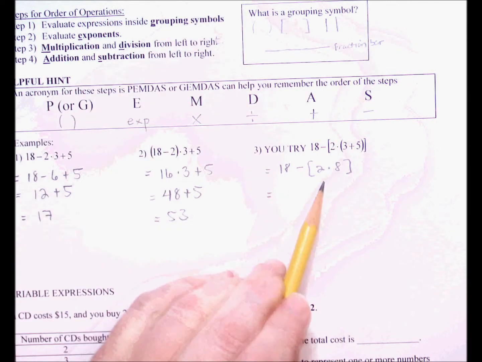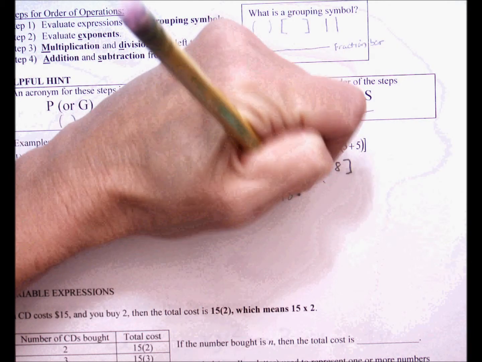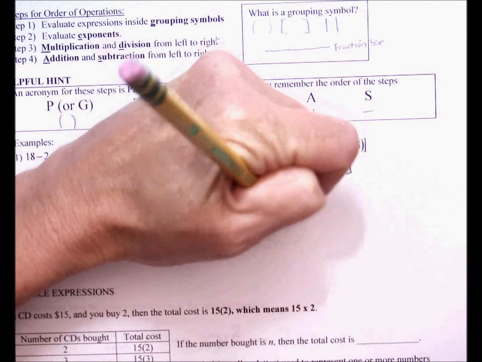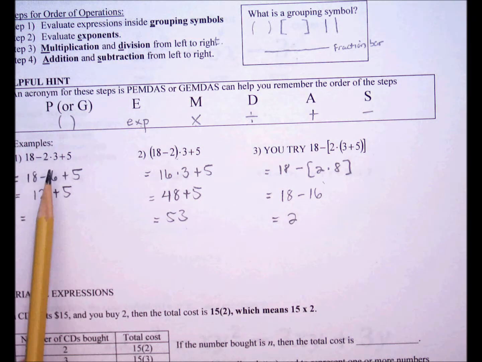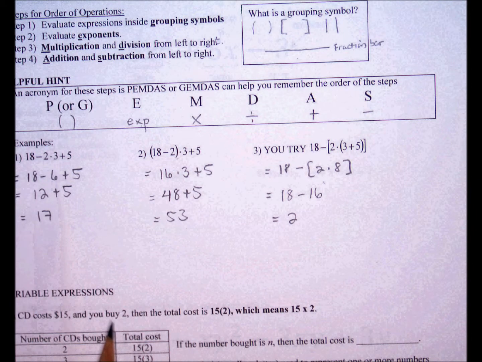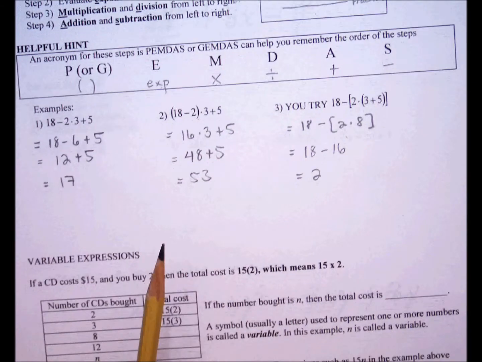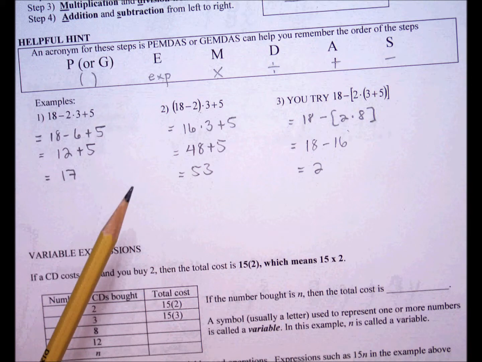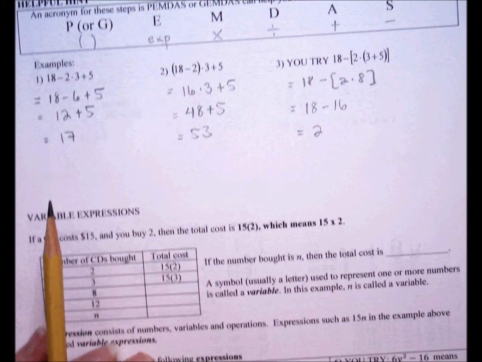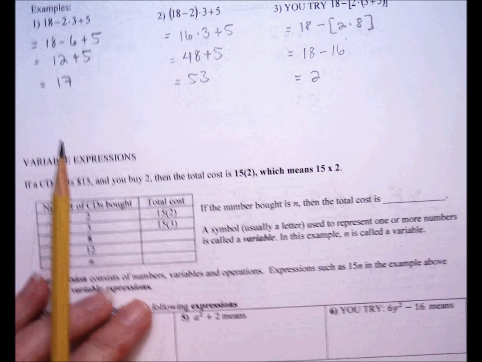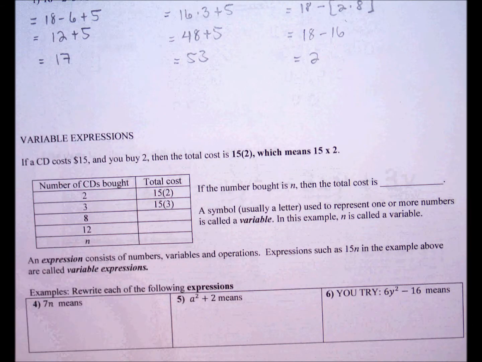So this is 18 minus 2 times 8. Then we do the next grouping symbol, 18 minus 16, which is equal to 2. So all of these have the numbers in the same order, but for all of them we get a different result depending on where the parentheses are.